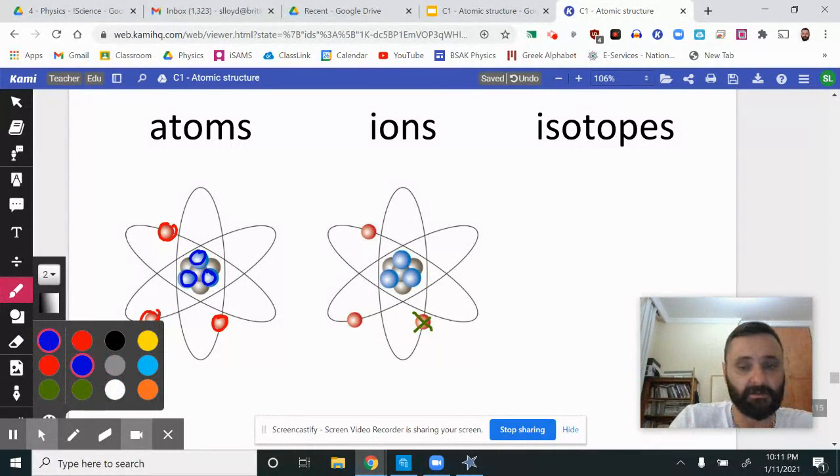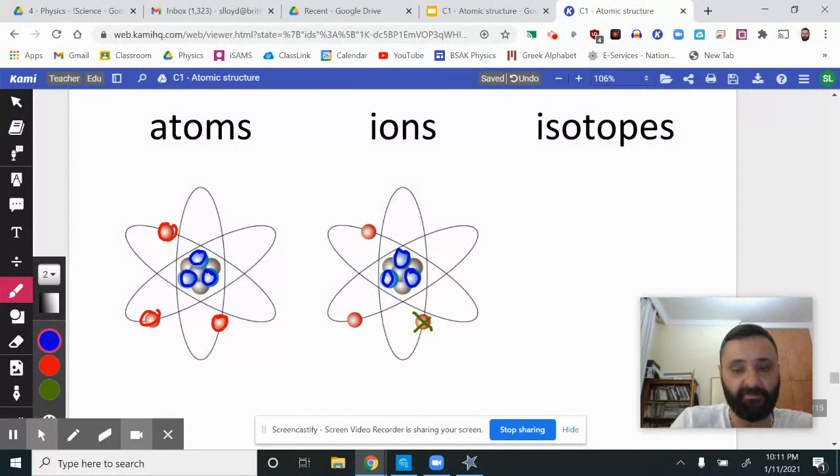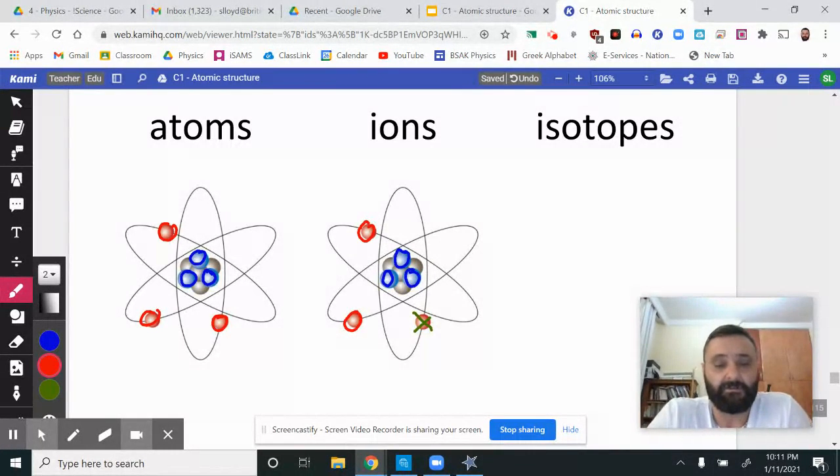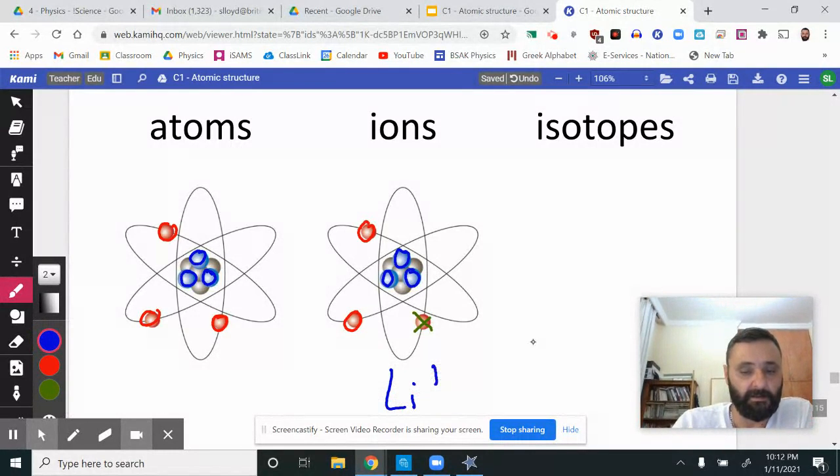It's still got 3 protons, it's still got 4 neutrons, but it's now only got 2 electrons. So it's got 2 negative electrons and 3 positive protons. It must have an overall charge of +1. So that is lithium Li+. That's just a lithium atom, Li.